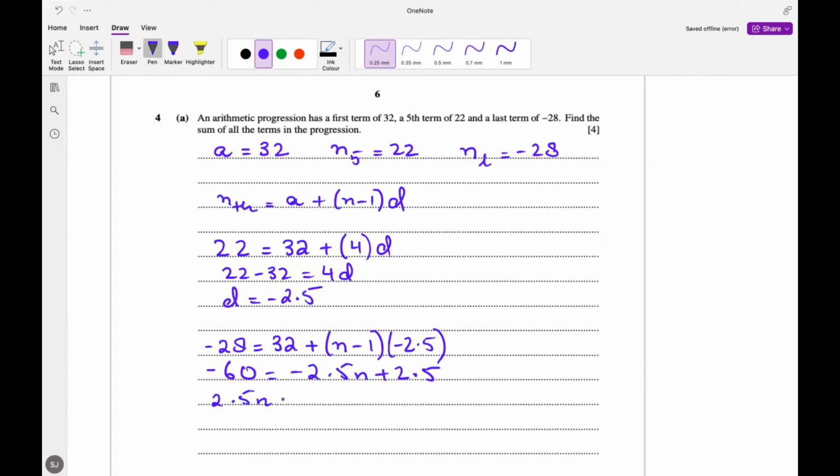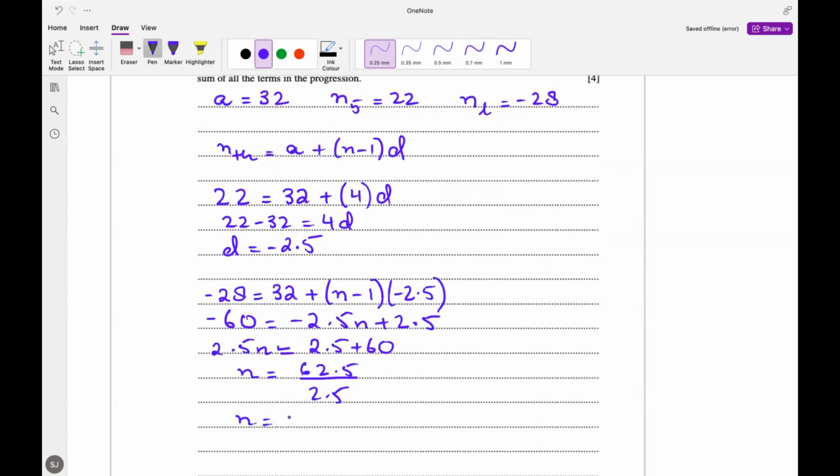Solving this, we get 2.5n equals 2.5 plus 60. So n equals 62.5 divided by 2.5, and the answer will be 25.